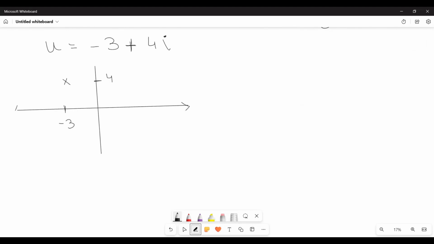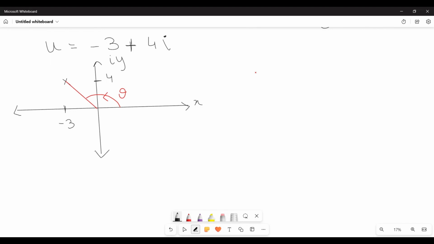Again, this is the real axis x, and that's the imaginary axis iota y. So you have to change this into polar form. Again, you need this length, and now you need this angle, because it is between 0 and pi, so it will work. Let's find r first. r is just the square root of a square plus b square.